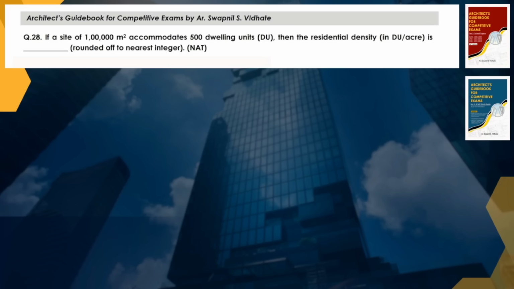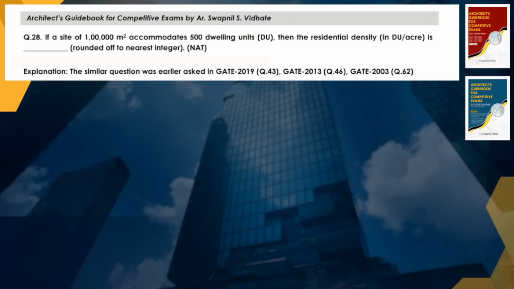For this you must know the conversion from square meter to acres. A similar question we have discussed in these 3 question papers: GATE 2019, GATE 2013, and GATE 2003, questions 43, 46, and 62 respectively.